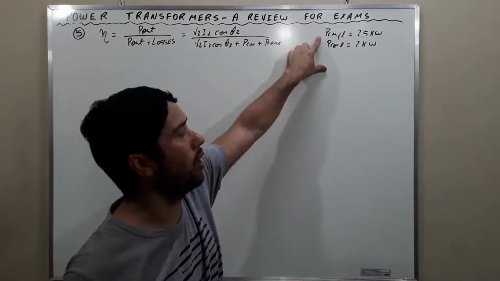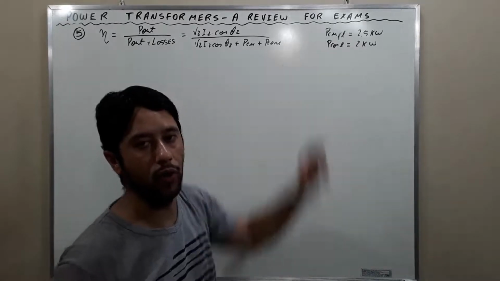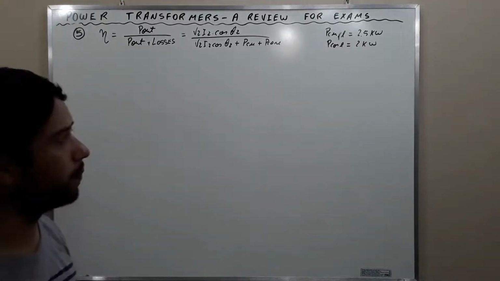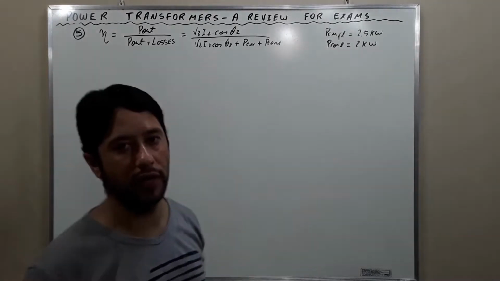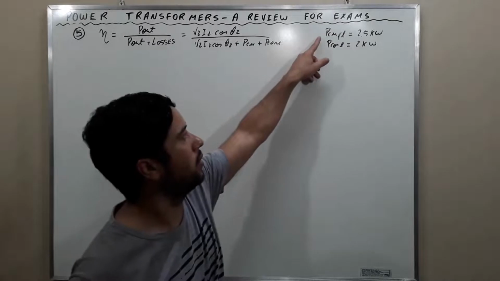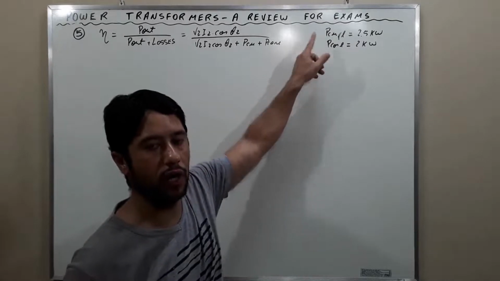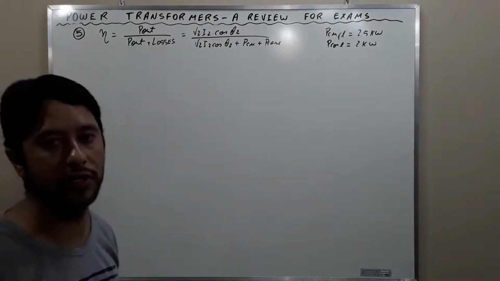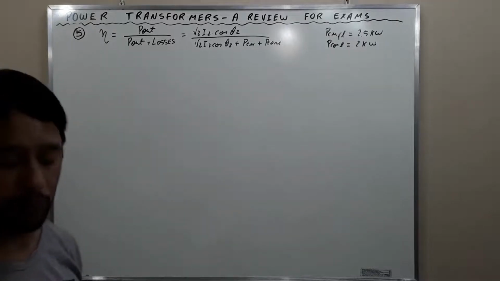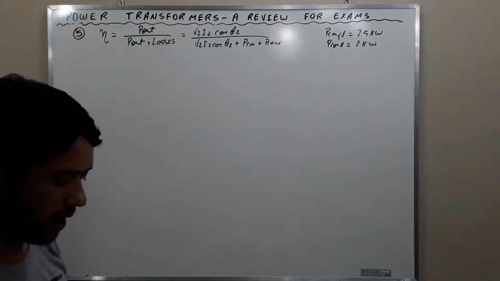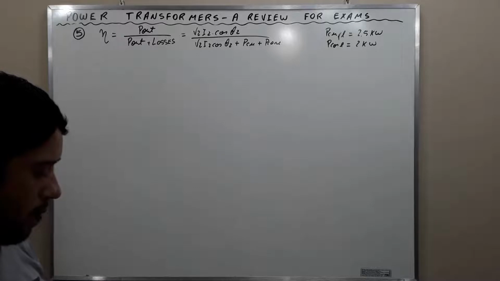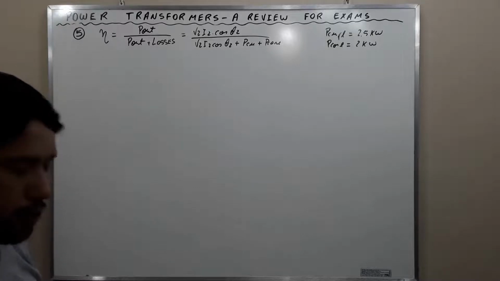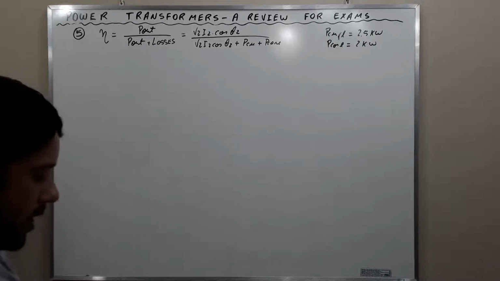We do not want the core losses at full load. We want the portion of the copper losses at full load that enables maximum efficiency, okay? And we are going to use this to calculate the maximum efficiency and the output current that enables maximum efficiency.